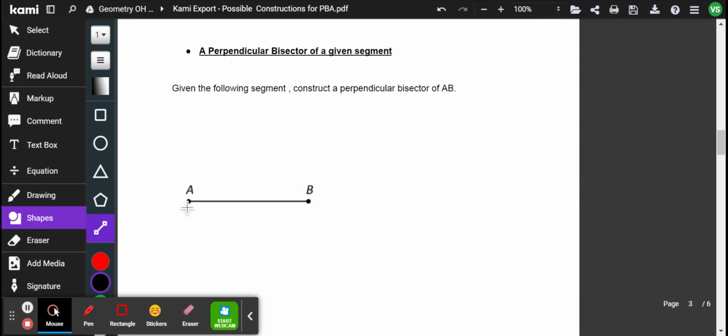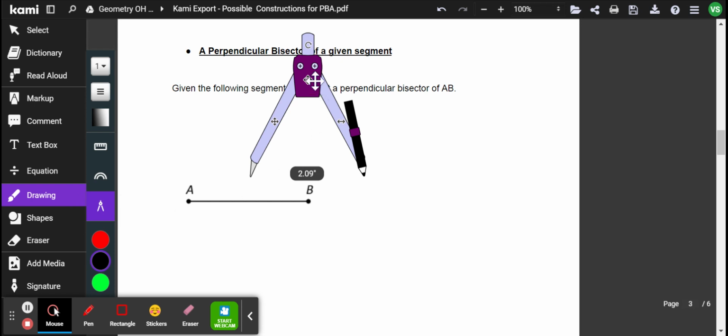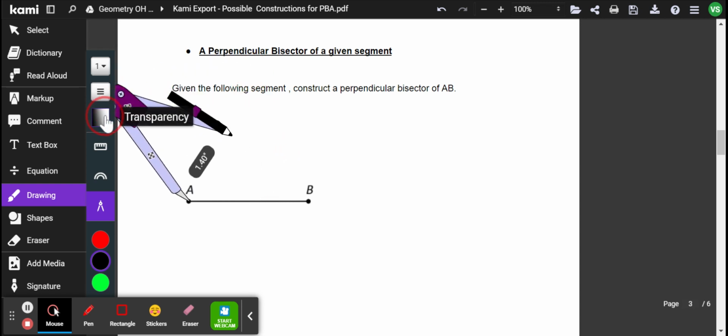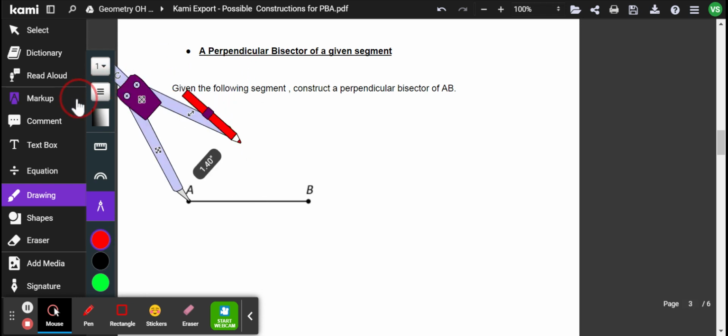So in this case, all we need to do is get our compass and go here and make not necessarily a circle, but an arc at the top and one at the bottom. We've been making circles, but we don't need the whole circle. All we need is an arc up top.